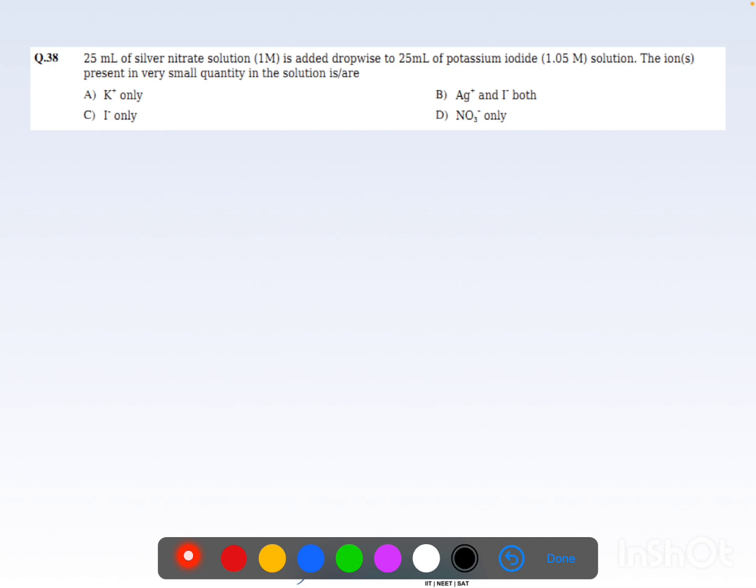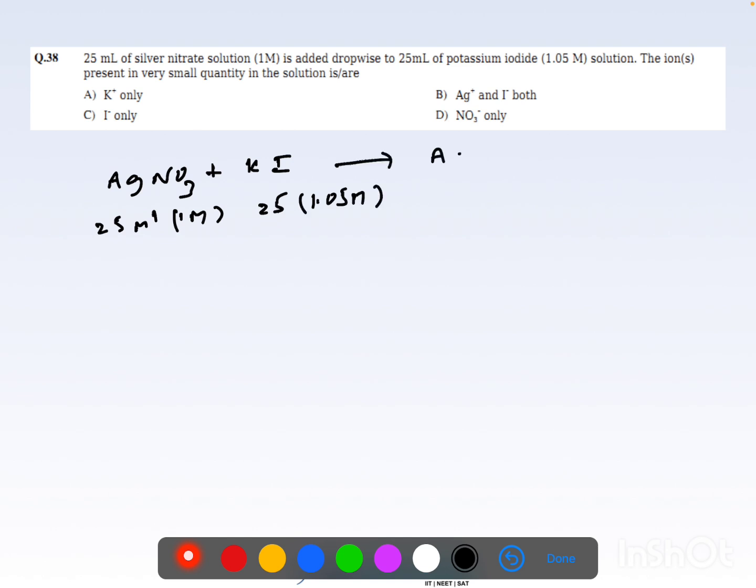25 ml of silver nitrate solution is added dropwise to potassium iodide. See, AgNO3 is added to potassium iodide, 25 ml of 1 molar and 25 ml of 1.05 molar, and they react to produce AgI plus KNO3.